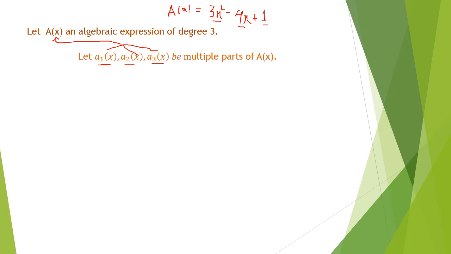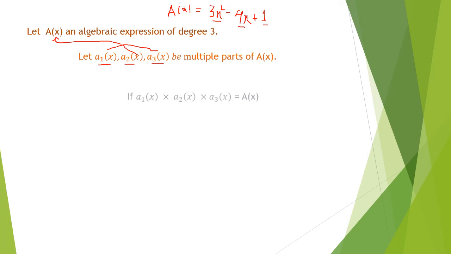Like we take a plank of wood and cut it into three pieces. Same thing: a(x) is a plank, and we cut it into three pieces. The first piece is a1(x), the second piece is a2(x), and the third piece is a3(x).